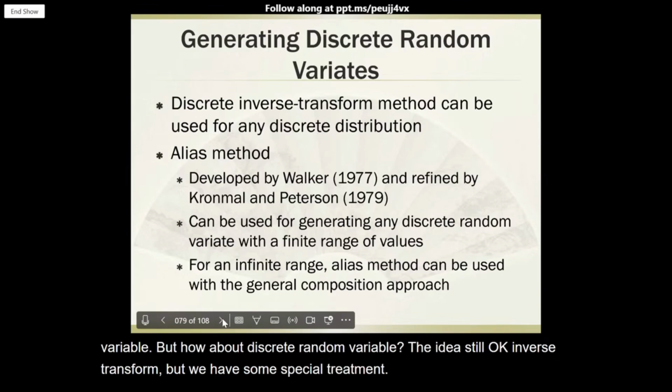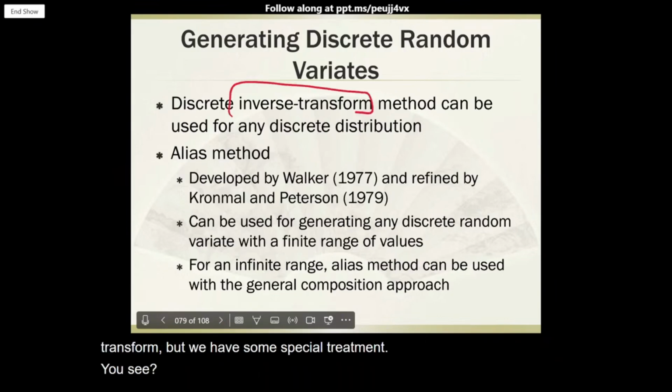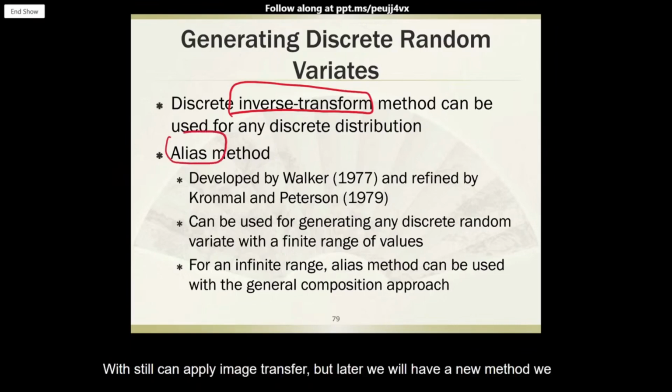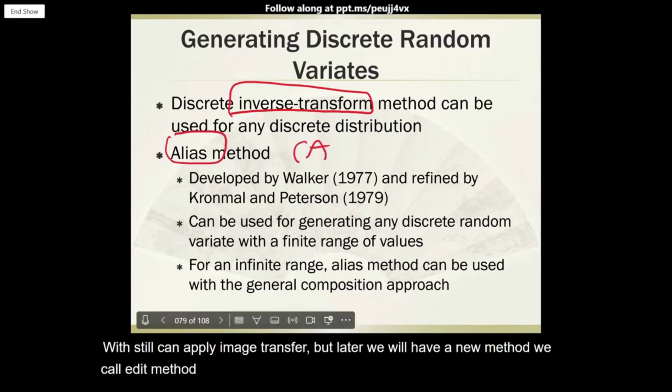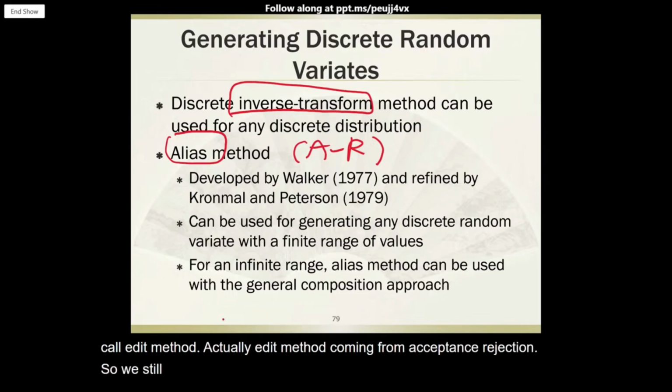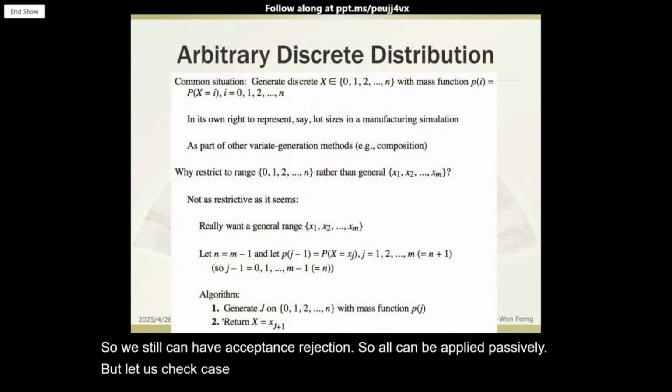We still can apply inverse transform, but later we will have a new method we call the Alias method. Actually, the Alias method comes from acceptance rejection. So we still can have acceptance rejection. So all can be applied possibly, but let us check case by case.